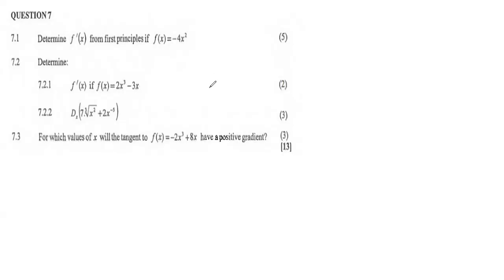Okay, so we have question 7 on differential calculus, and 7.1 says, determine f prime x from first principles if f of x is equal to negative 4x squared. The first thing you want to do when tackling this question is apply your rules.